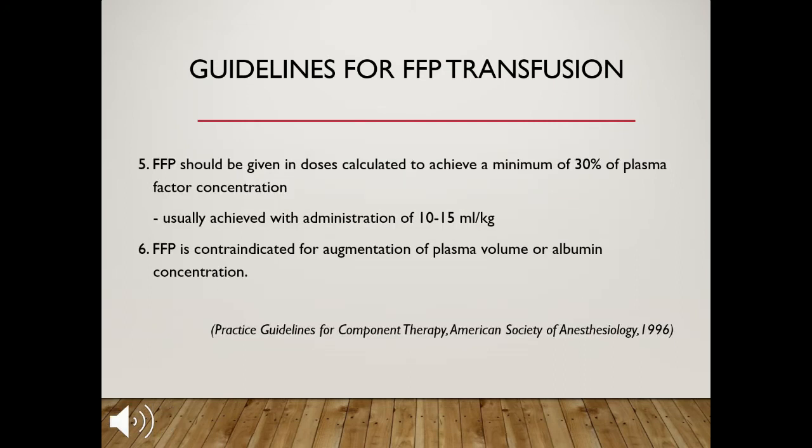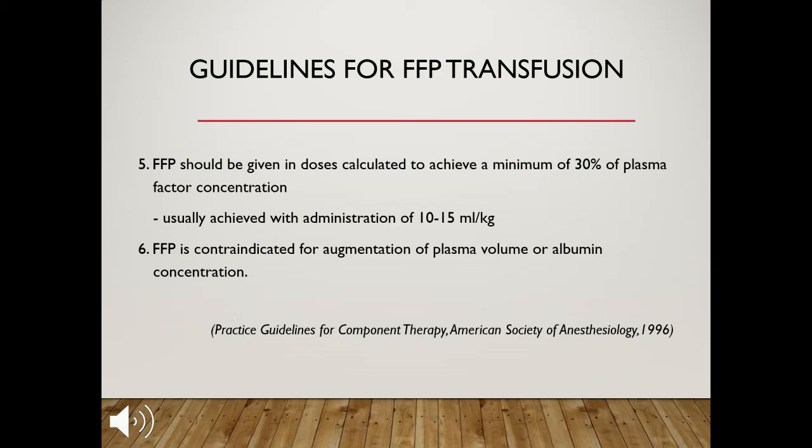So how do we compute the dose of FFP? It's usually 10 to 15 ml per kilo. So for example, 70 kilos yung pasyente. You multiply 10 ml times 70 kilos, that is 700 ml, right? And 1 unit of FFP would be around 200 to 250 ml. So, you would need around 3 units of FFP to achieve minimum 30% of plasma factor concentration.